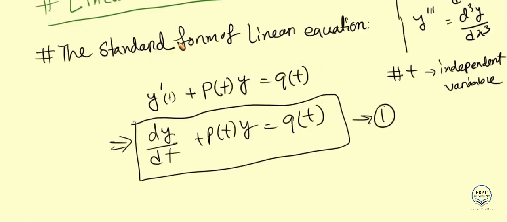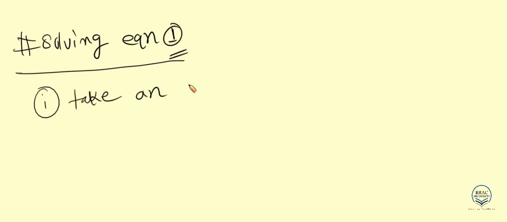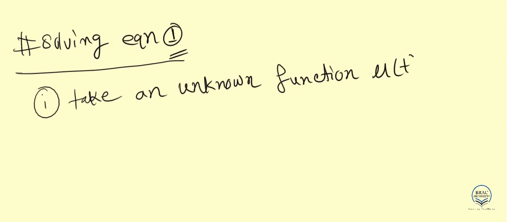So, solving equation 1, that is this one over here. The first thing we are going to do is take an unknown function. So the first step: take an unknown function, mu of t, let's say.